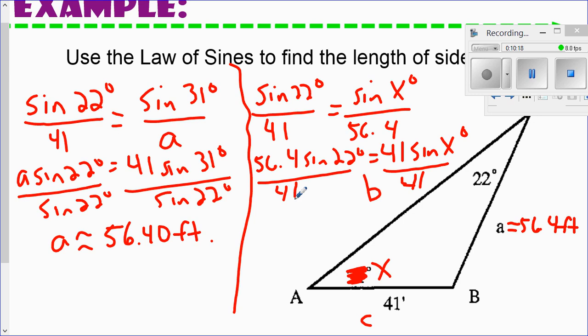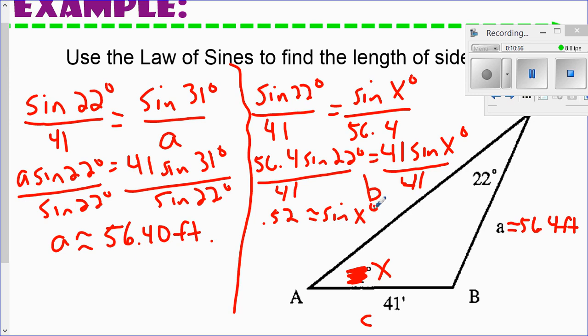So I have 56.4 times the sine of 22 degrees, and I'm dividing that by 41. And when I do that, I'm getting 0.52 approximately is equal to the sine of x.